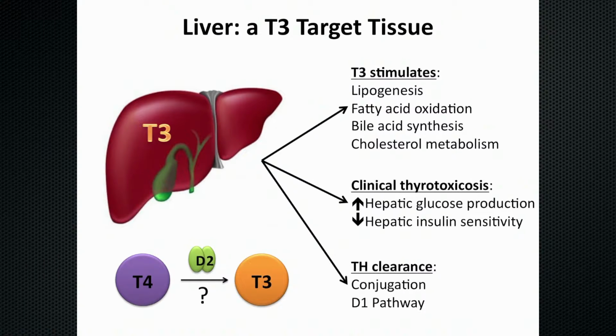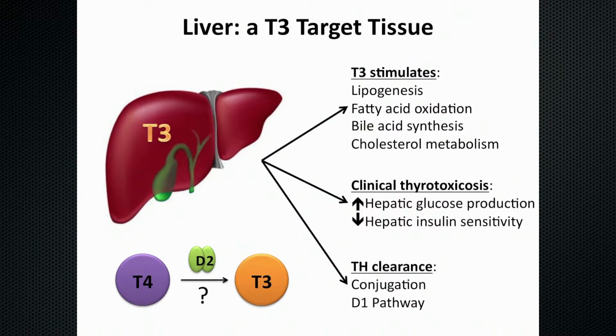So once the thyroid hormone is in the cell, and it may or may not encounter one of the deiodinases, the T3 action can occur. And today we're going to be discussing one very important T3 target organ, which is the liver. The liver is a classic example of a T3-dependent tissue.